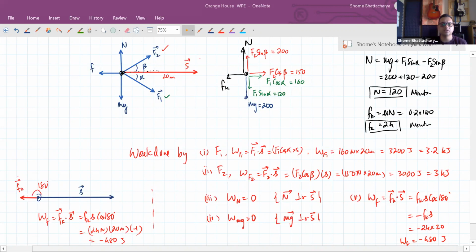Yes. So kinetic friction will always do negative work. Okay. Static friction, on the other hand, can do positive work. I will show you situations like this. But wherever there is slipping, the type of friction acting is kinetic friction. So kinetic friction always ends up doing negative work. Later we will see that that is why kinetic friction is called a dissipative force.